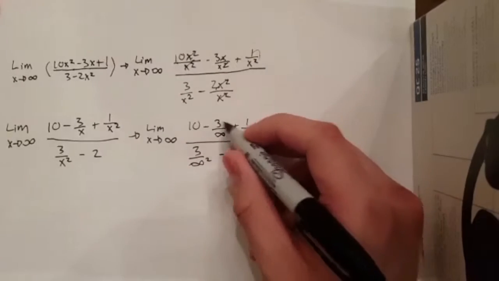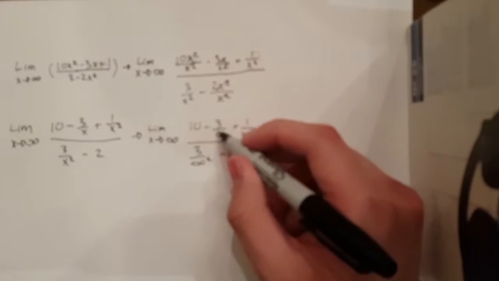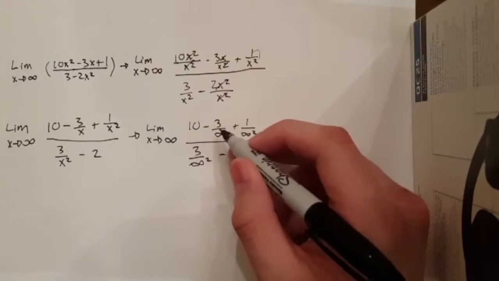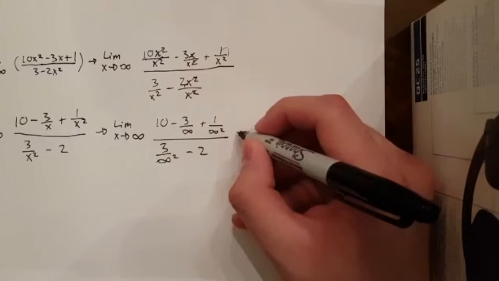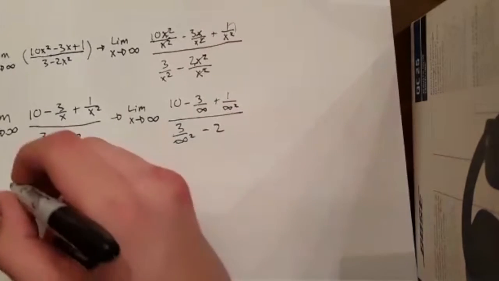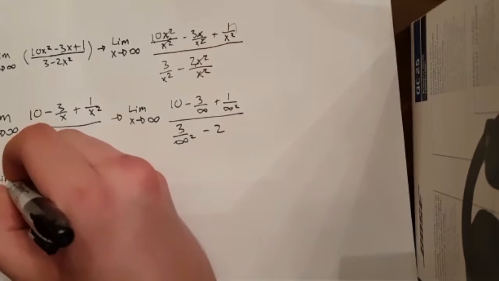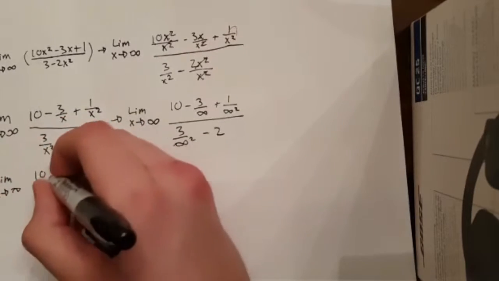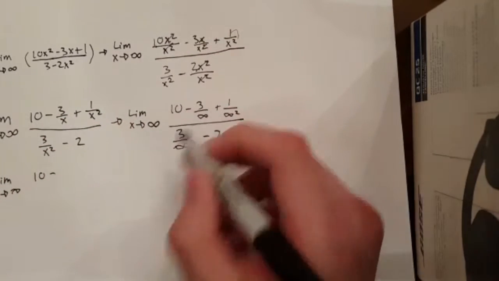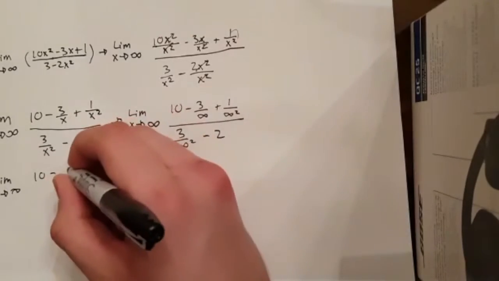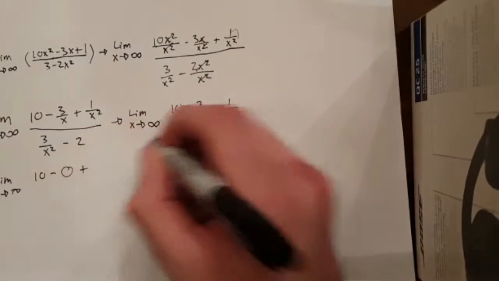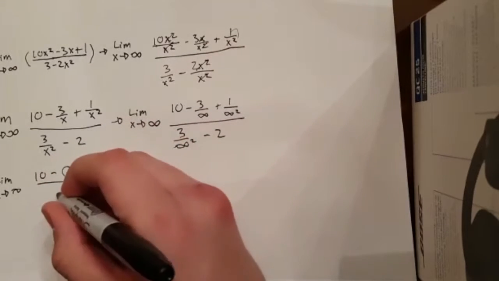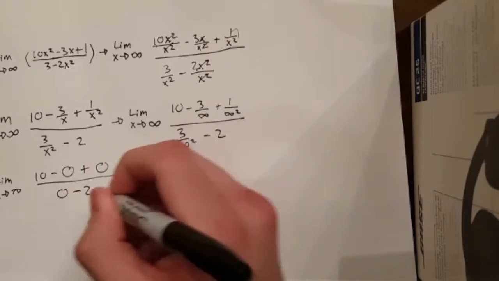Now, when we have a number over infinity, that number will always be equal to 0. So for example, the next thing would be 10, now 3 over positive infinity is equal to 0, so 3 minus 0 plus, and here it's the same thing, plus 0, over 0 minus 2.